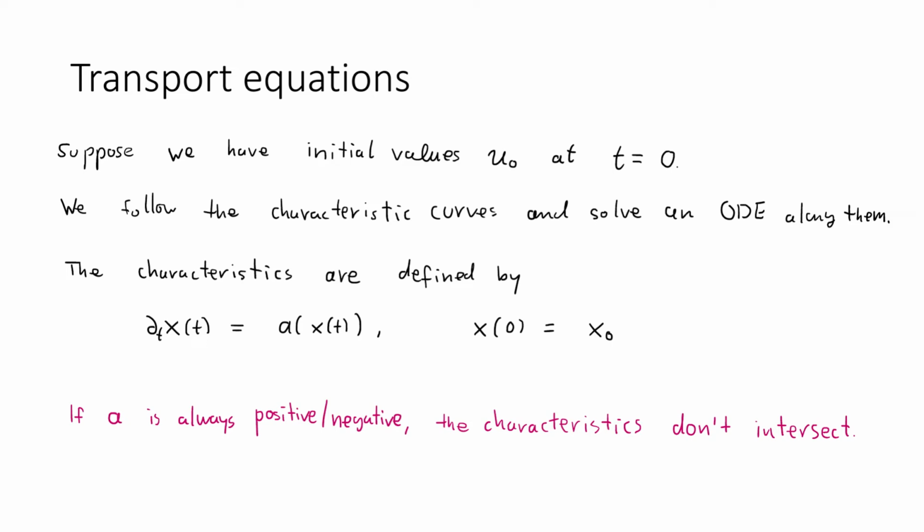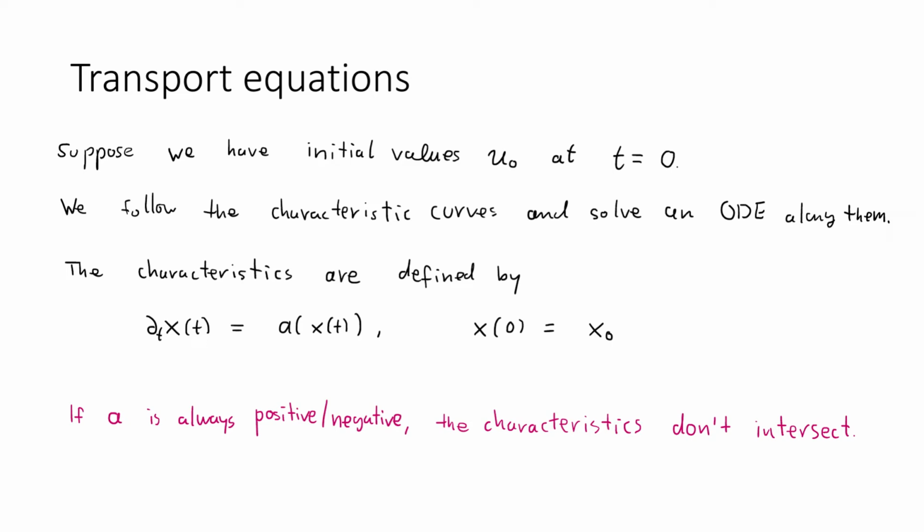For every initial position x0, we have got such a characteristic equation, and provided we can solve this ordinary differential equation in x, we have a full description of all the characteristic curves. In particular, if the velocity a is always positive or negative, then the characteristics do not intersect. This is going to be part of the homework, in fact.